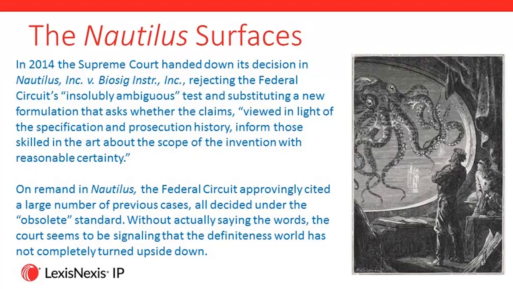And what they said was that as long as someone can sit down and construe the claim, no matter how hard they have to work, then it is definite. As you can guess, there were very few cases thrown out under definiteness under that standard.